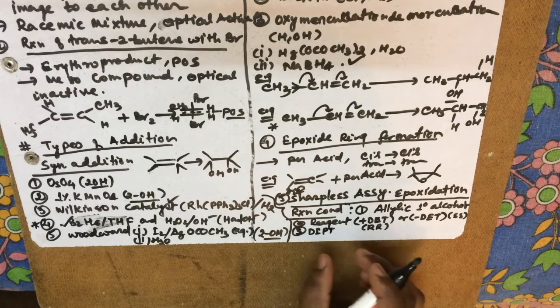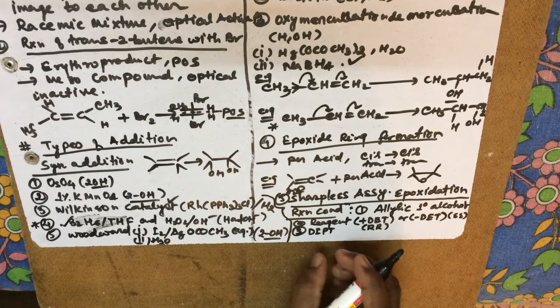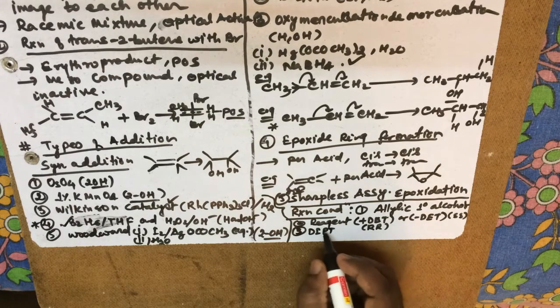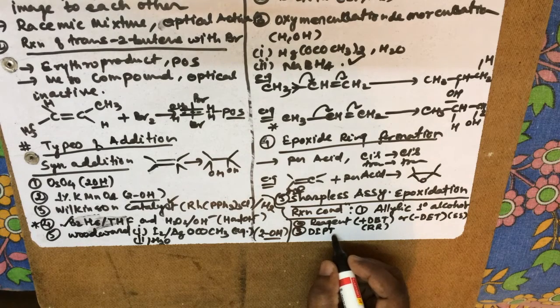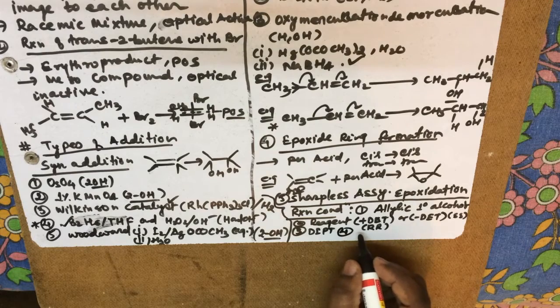If all these things are in your reaction conditions, then you can say your reaction is a Sharpless asymmetric epoxidation reaction. DIPT means diisopropyl tartrate, and fourth is the Lewis acid.